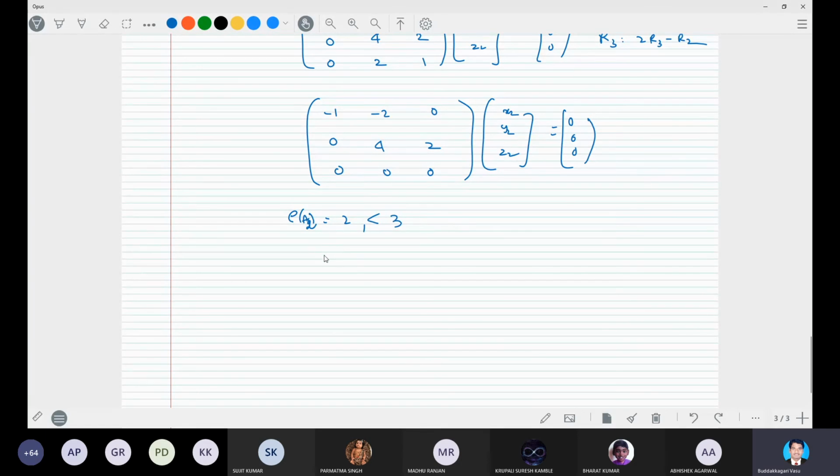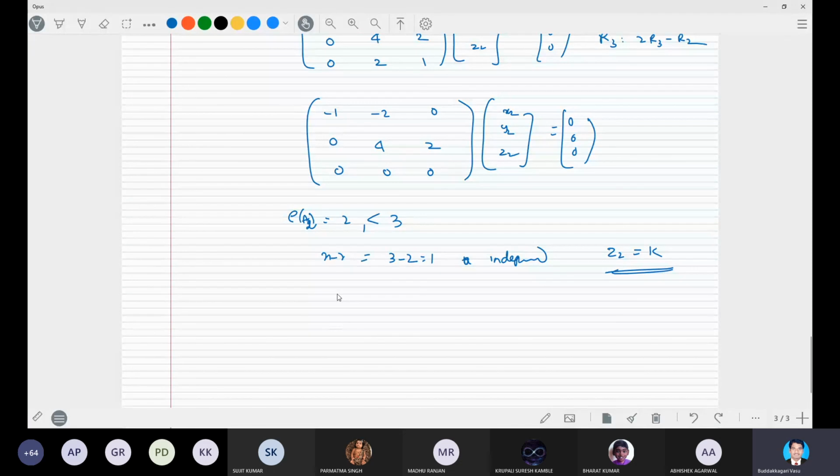So n minus r is equal to 3 minus 2, which is 1 arbitrary constant or independent solution. That one independent solution we may take as z2 is equal to k. You may take any of x2, y2 or z2, whatever it is. It is not compulsory to take only z2 as the arbitrary constant.